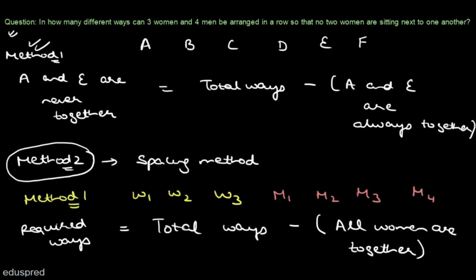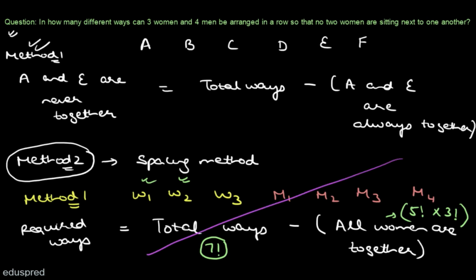And the answer to this was 5 factorial multiplied by 3 factorial. And now we can write the total ways as well because we have 1, 2, 3, 4, 5, 6, 7 in total 7 different elements here. So the total ways would be 7 factorial. So the first instinct that comes in mind to solve this particular question might be this. So you might want to write that the required number of ways is equal to 7 factorial minus 5 factorial multiplied by 3 factorial. And well, if you do this, then this would be absolutely wrong.